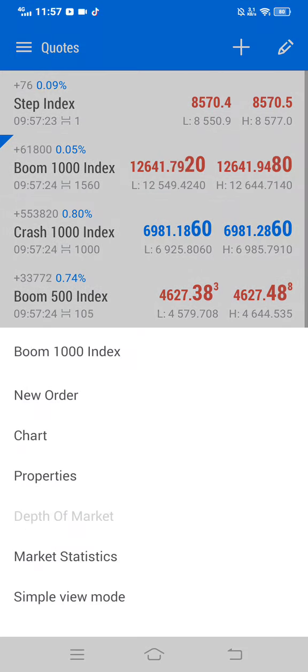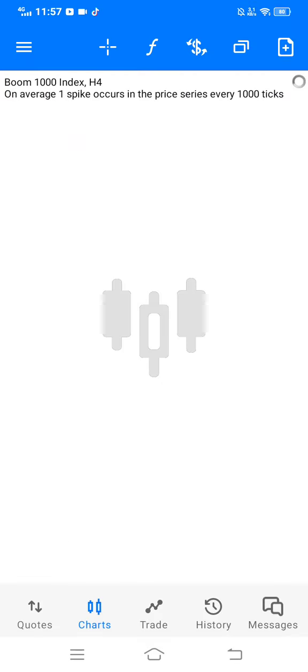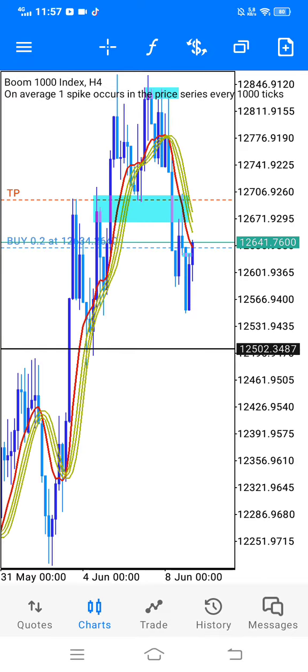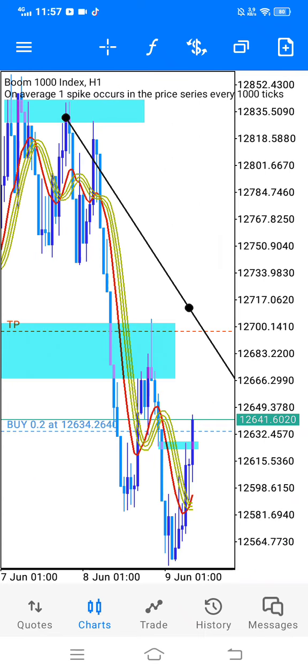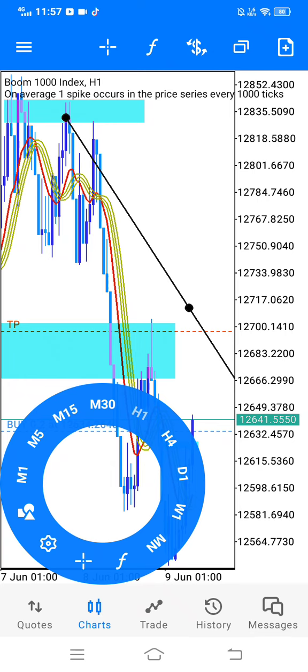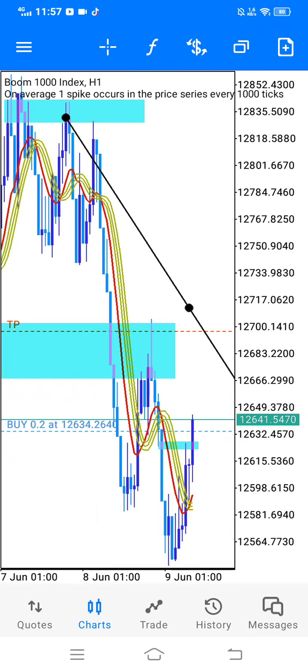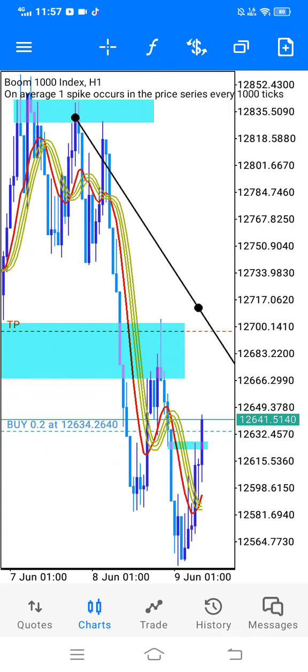Let's start with Boom 1000. Okay, so currently on Boom 1000 on the 4 hour, we can see that the market is in a downtrend, right? We can see that this is moving in a downtrend. If we check on the 1 hour, we can see that it's creating a little W pattern. So this over here is what we call a W pattern, which means that it will be going up.